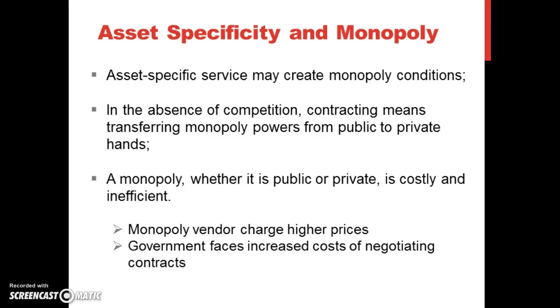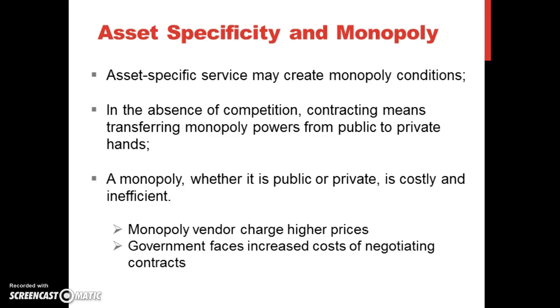So the first winner of the bidding can keep the contract due to their information advantage over other rivals. As a consequence, in the absence of competition in asset-specific service, the contracting might just mean transfer of monopoly power from public to private.